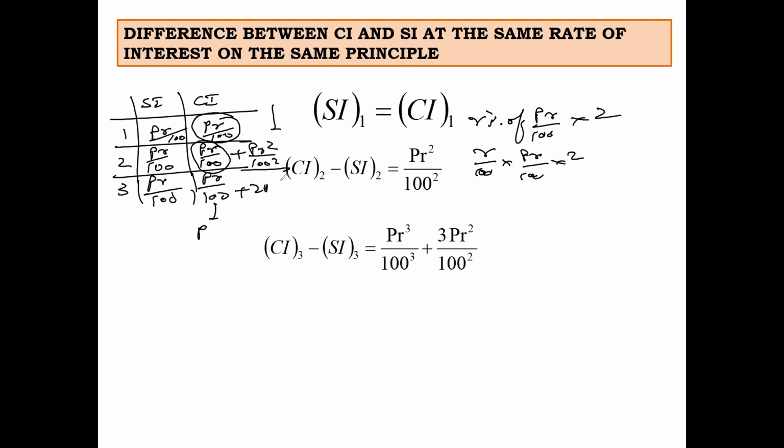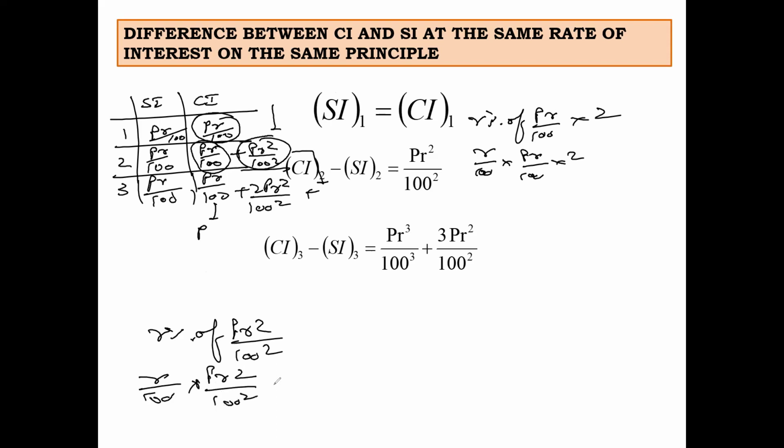Therefore, 2PR squared upon 100 squared. Plus, I need interest on this part as well. And therefore, R% of PR squared upon 100 squared will be R upon 100 into PR squared upon 100 squared, which is nothing but PR cube upon 100 cube.